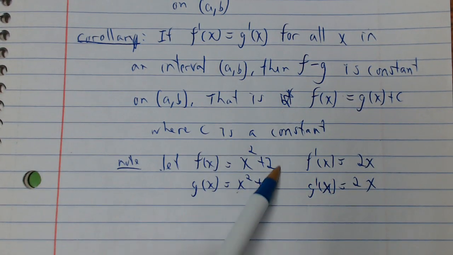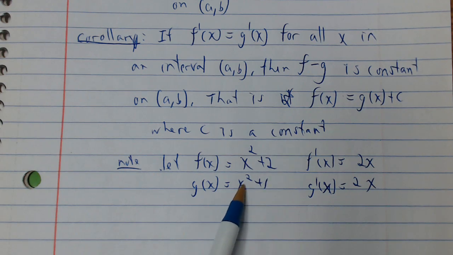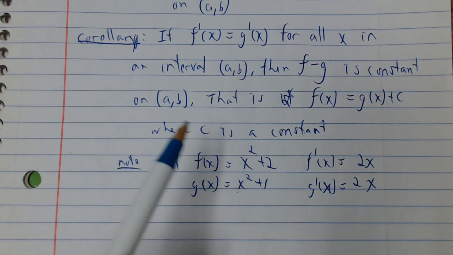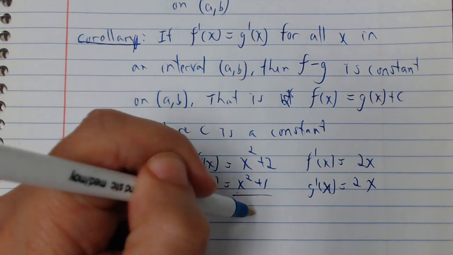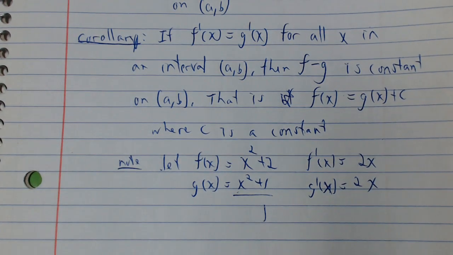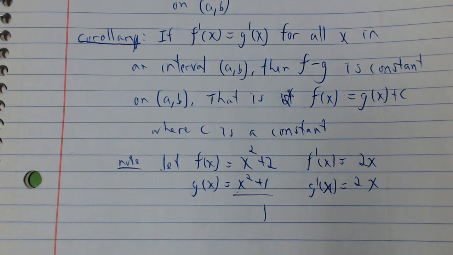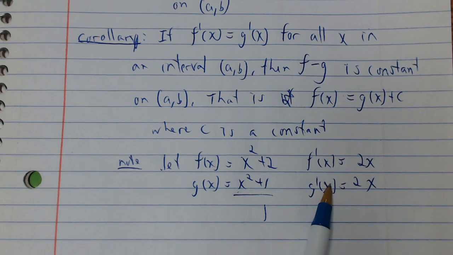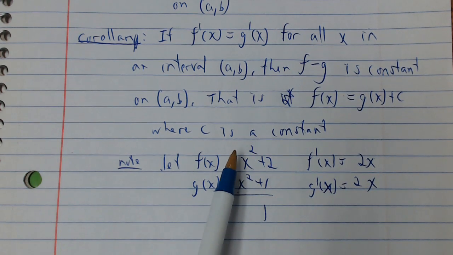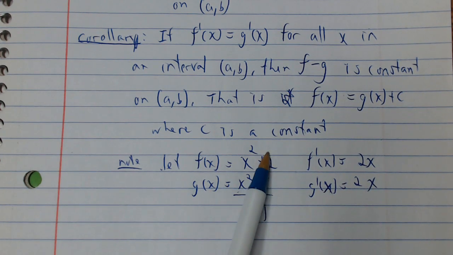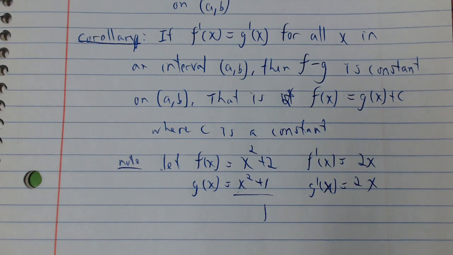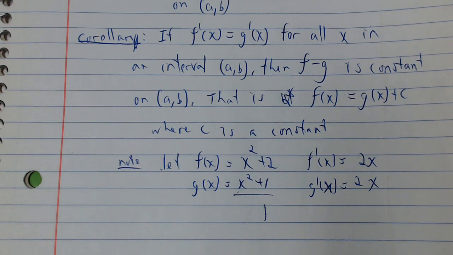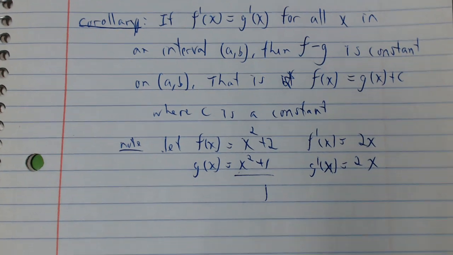And when you take the difference, x squared plus 2 minus x squared plus 1, you end up getting 1. So that's basically what they mean. If your derivatives are the same, then the original functions are similar, but they might just differ by their constants. They may have different constants. So that's what this corollary says.